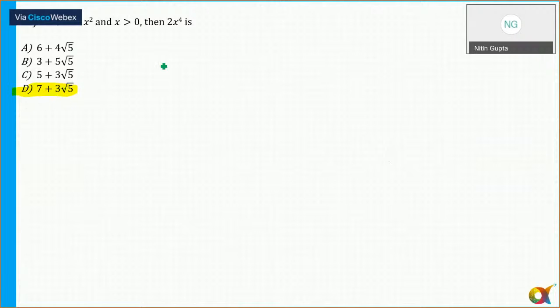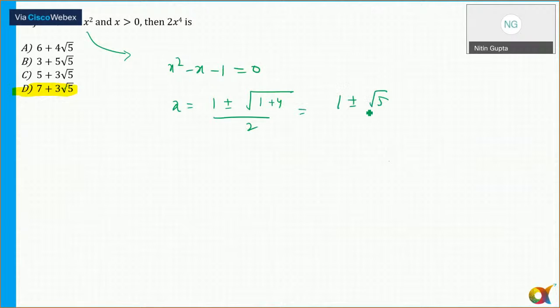I'll say this equation can be written as x square minus x minus 1 equal to 0. All right. So x is equal to minus b, which is 1, plus minus root of b square, that is 1, minus 4ac, so plus 4, by 2a. So I'm getting 1 plus minus root 5 by 2.